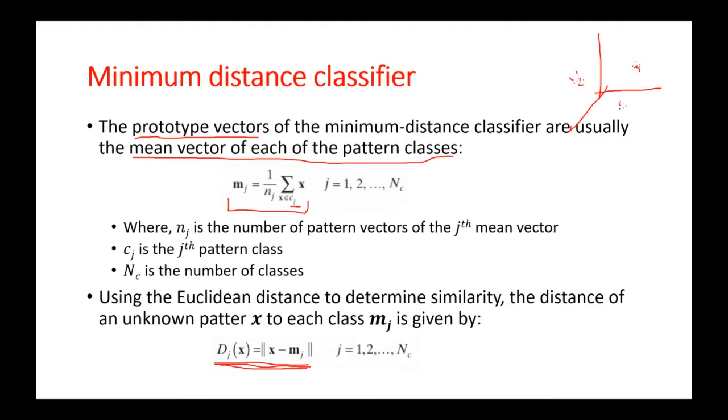So it's like I gave a number of examples of stars, circles, and squares. And what I do, I just get a bunch of points and get the mean value of these classes.